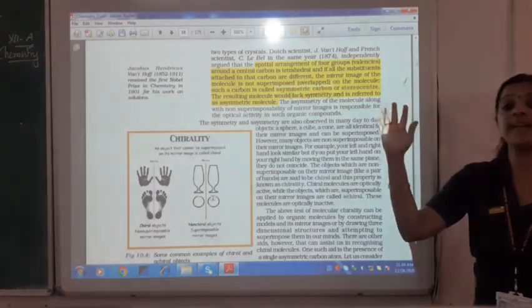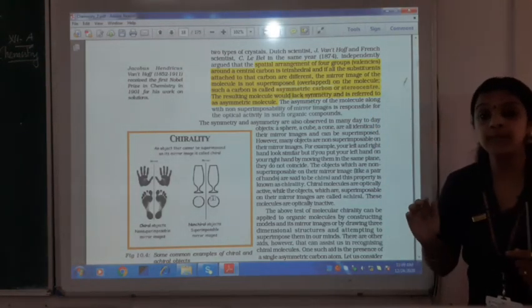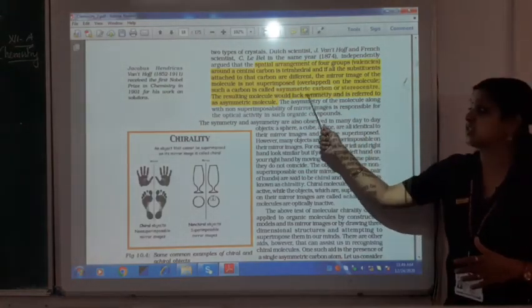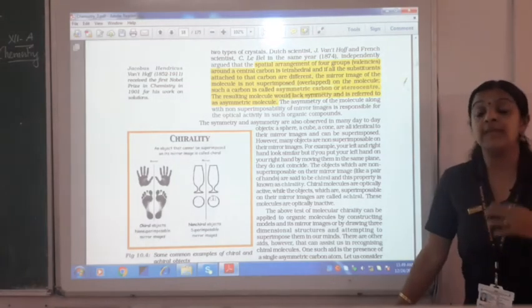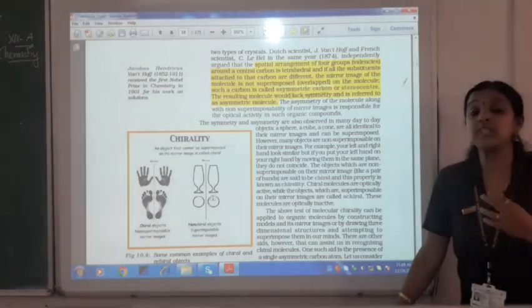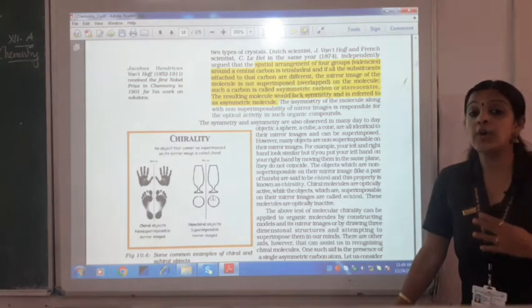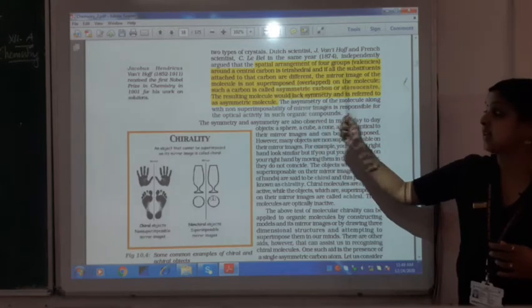When I keep my right hand over the mirror image of it, it is not superimposable. It does not get overlapped. So, such a carbon which has a tetrahedral structure with a valency of 4 with 4 different groups, which is non-superimposable on its mirror image or forms a non-overlapped image, you call it an asymmetric carbon.